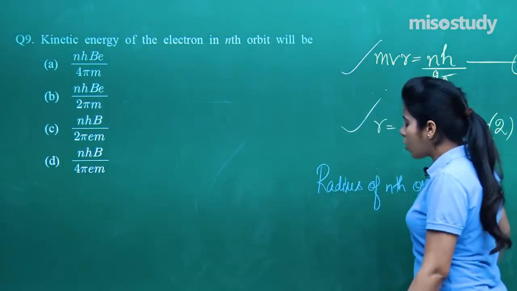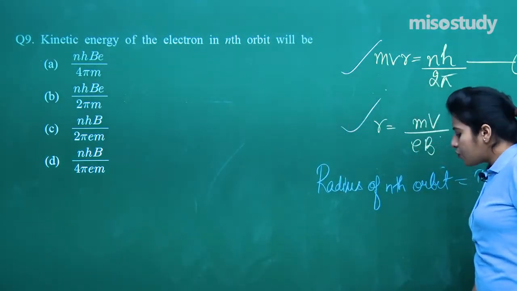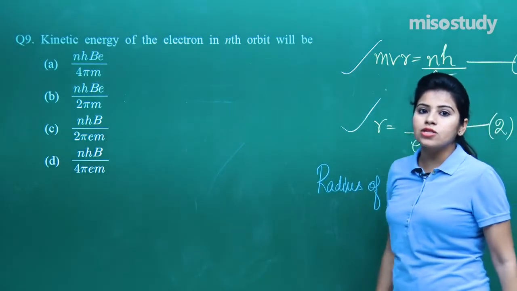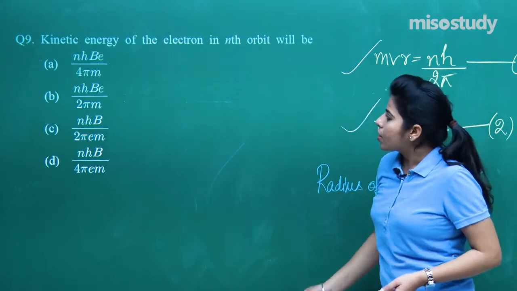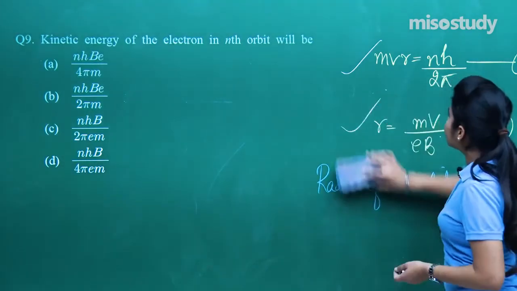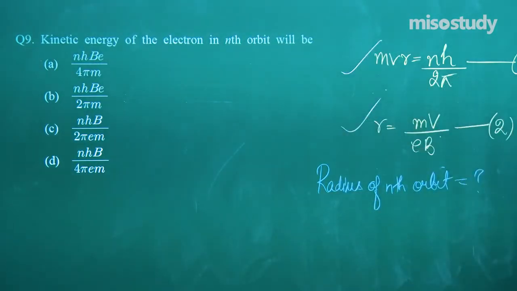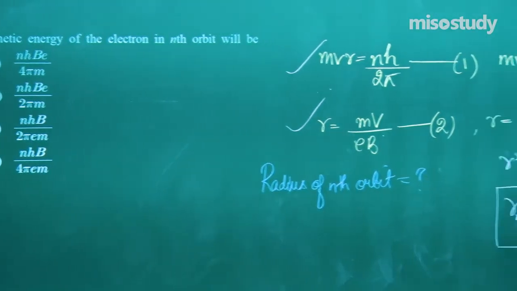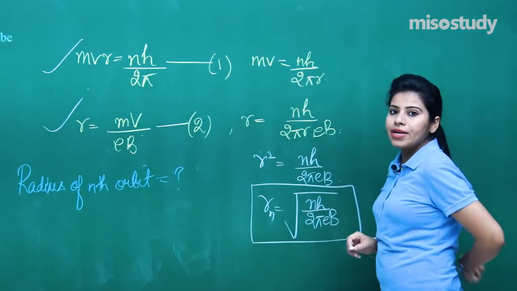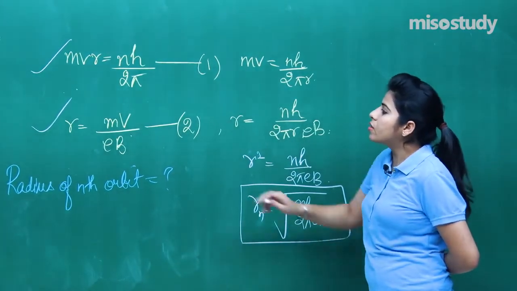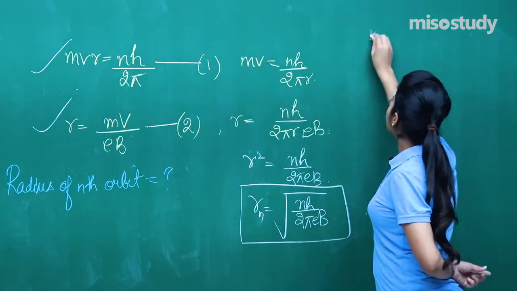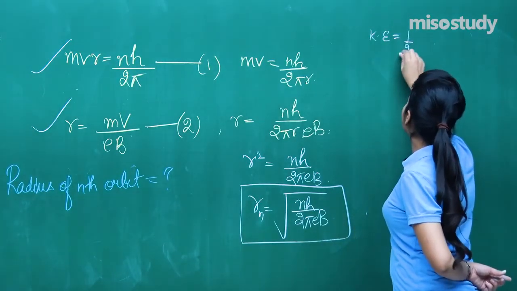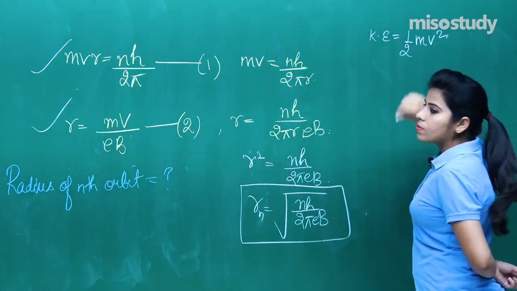in the nth orbit. So we know that the kinetic energy, let me start from here, because we have our radius as the square root of nh upon 2 pi eB. First of all I have to find the velocity, because kinetic energy is half mv squared.